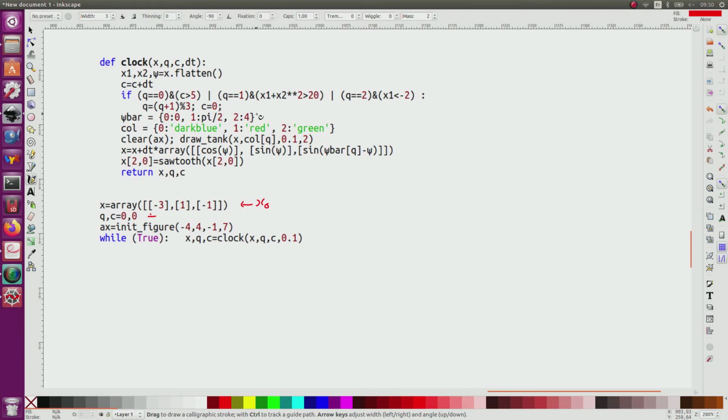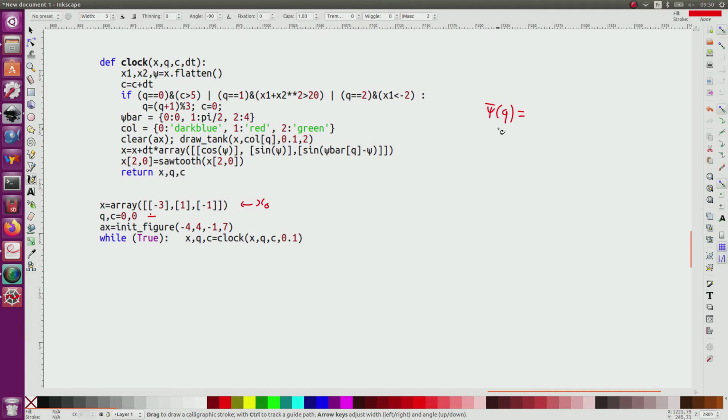Here I have my dictionary, which tells me that psi bar of q is equal to, so for instance, if q equals 1, it will give the value pi divided by 2.